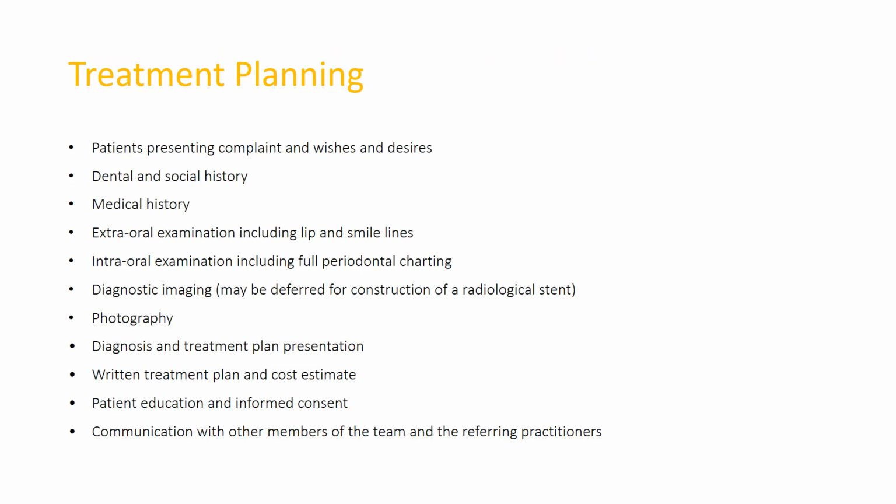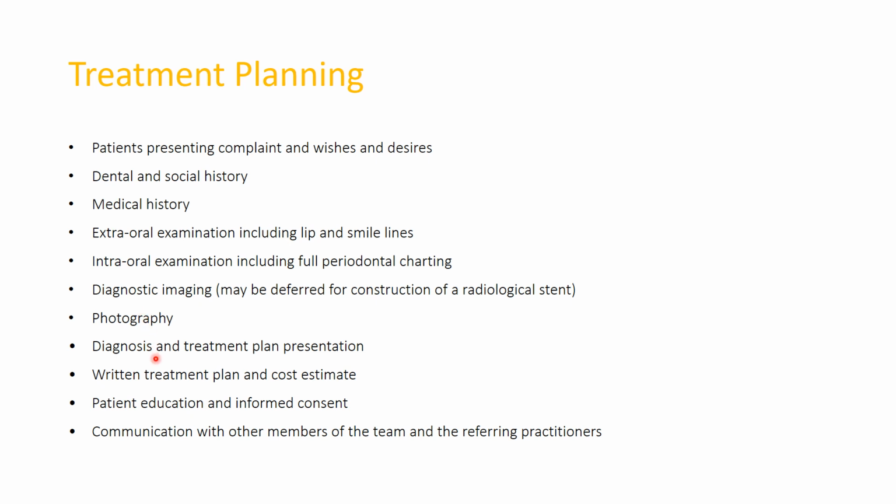Treatment planning comes first. We assess the patient's expectations, his complaint, his desire. We take a dental history and medical history, do a thorough external examination, and we do diagnostic imaging such as periapical radiographs, then OPGs, and then a CBCT for the arch or the jaw involved.